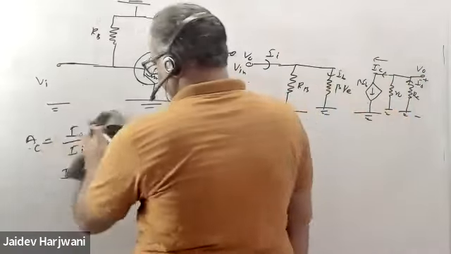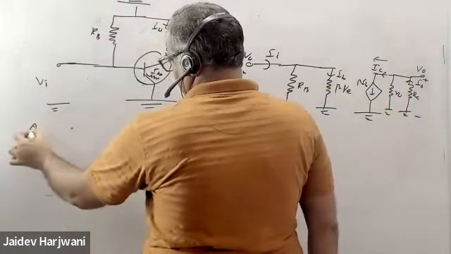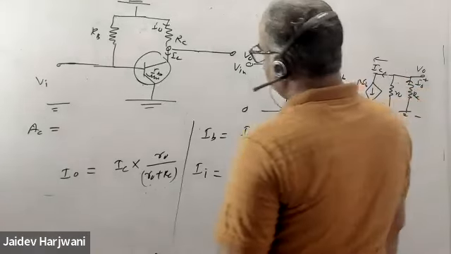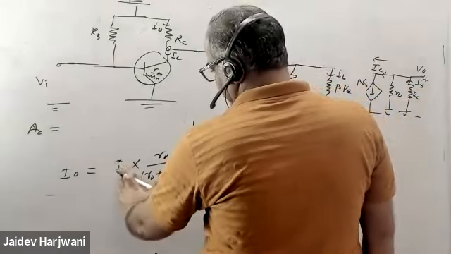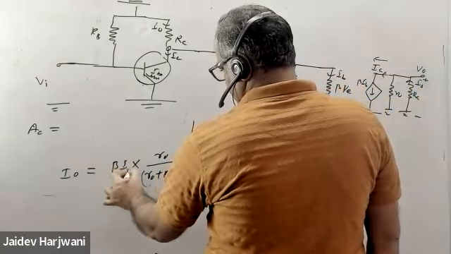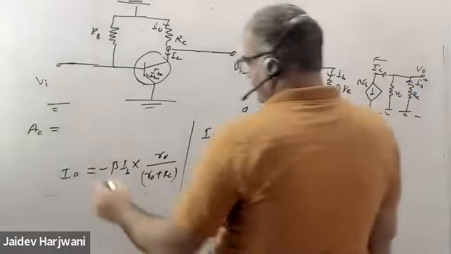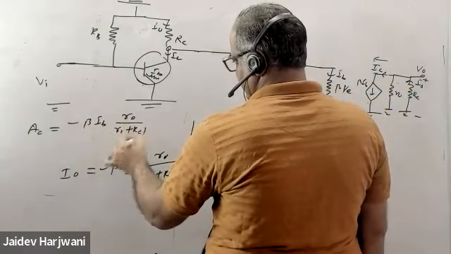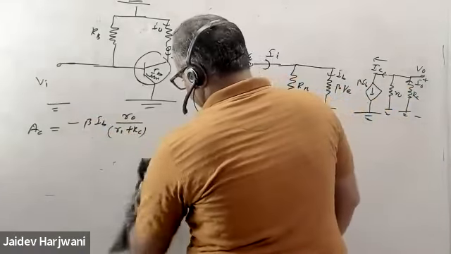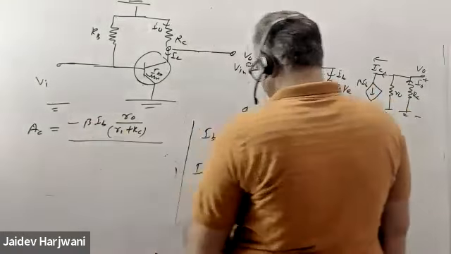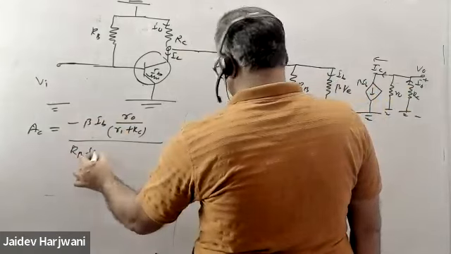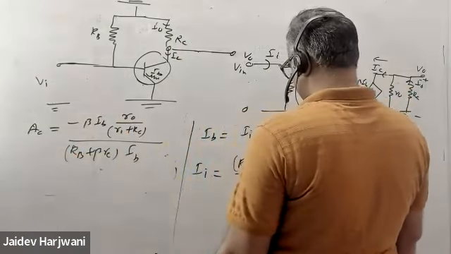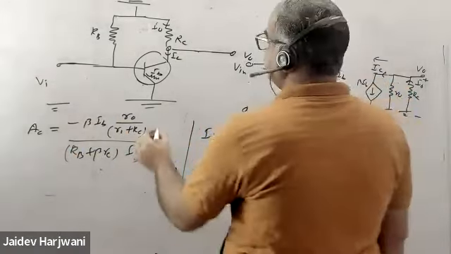So if I take the ratio, AC will be the ratio of these things. IC is your beta IB, and minus is also there. So this will be minus beta IB into R naught upon R naught plus RC, divide by I input, that is RB plus beta RE upon RB into IB.